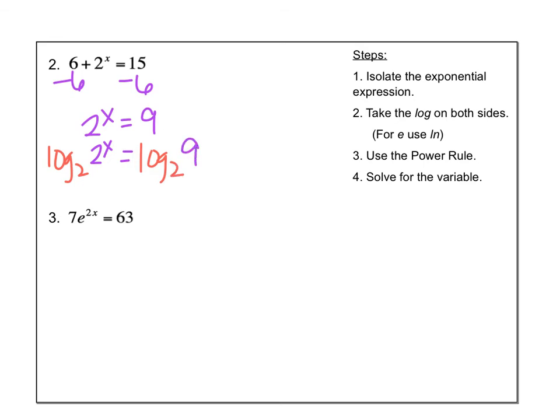And then what happens is the log base 2 and the 2 cancel like we had practiced earlier, when we first started talking about logs before Thanksgiving break. And then you're just going to type in your calculator log base 2 of 9 and it will give you the answer, 3.169, which is going to round up to 3.17.